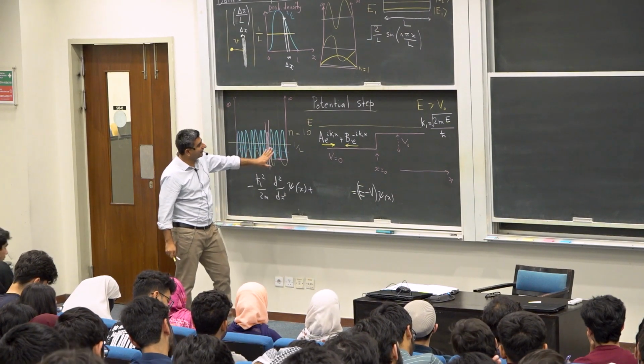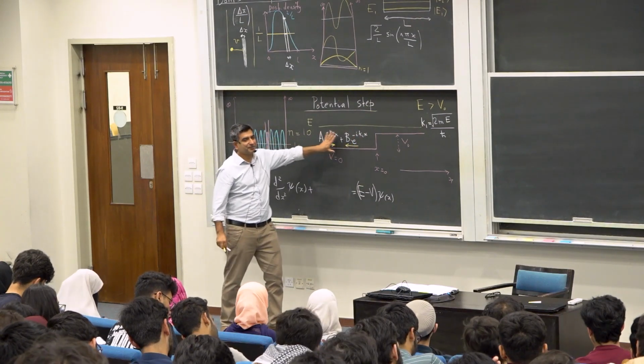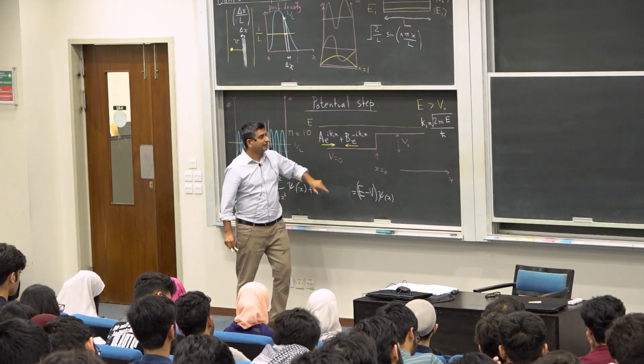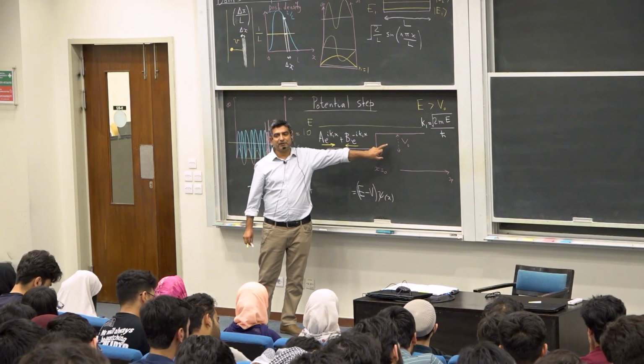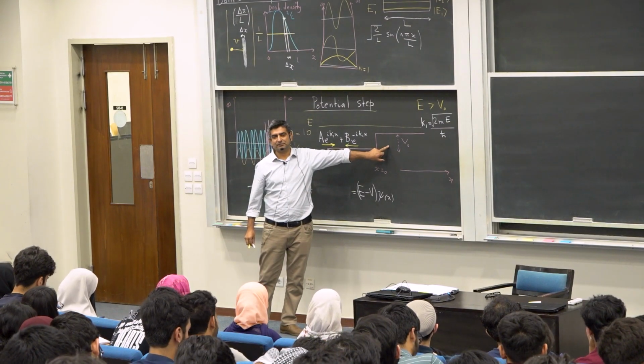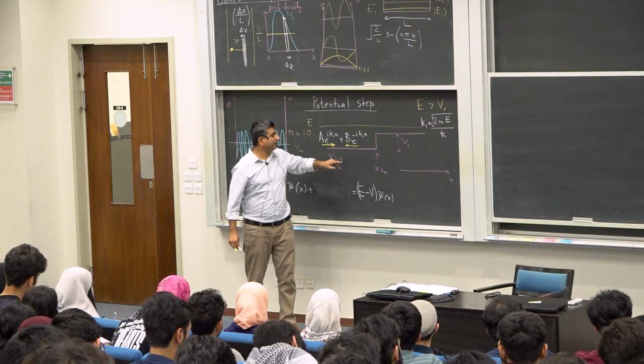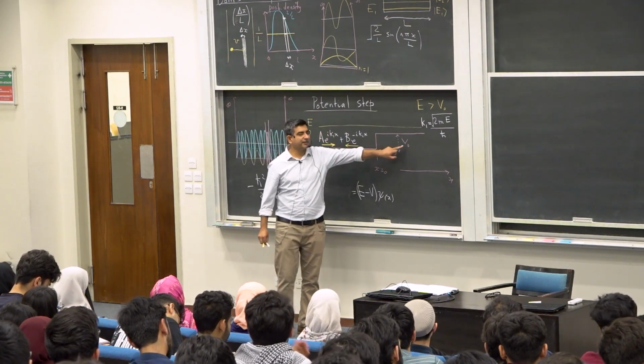Equal height, right? This is what the probability density function is going to look like: closely spaced lobes.